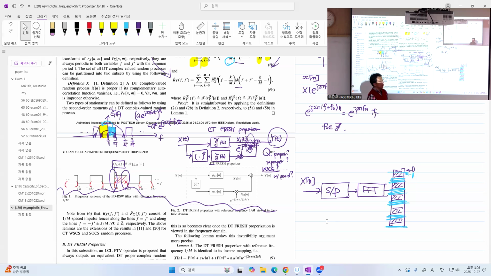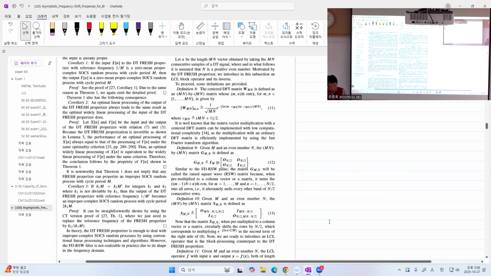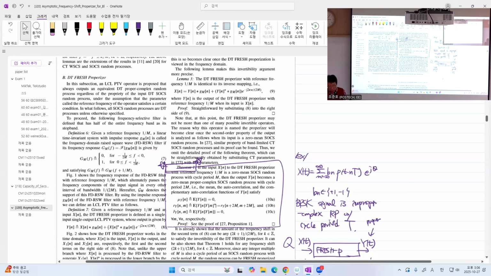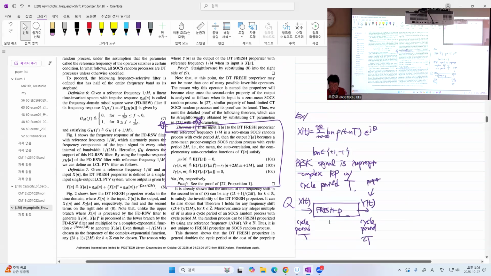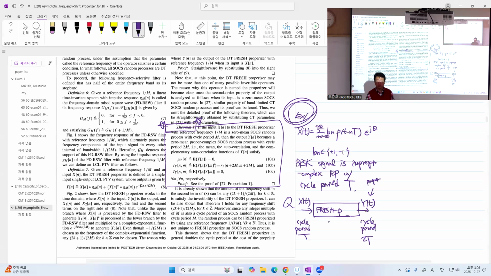Got it? So in this question, some clever, simple method could give you very good result. I haven't yet found, as I told you, given BPSK, which is definitely an improper complex cyclostationary random process with cycle period T, can we find some fresh properizer structure?